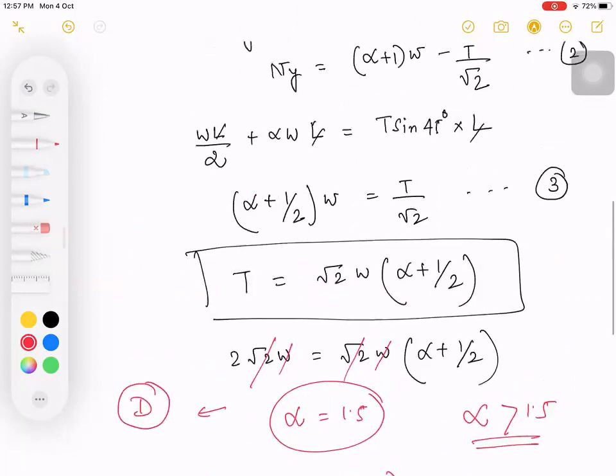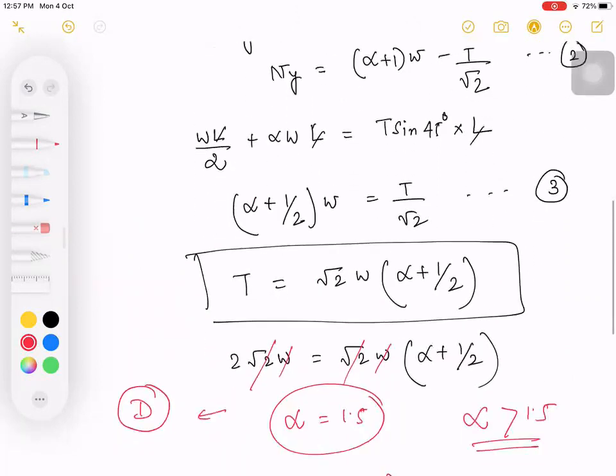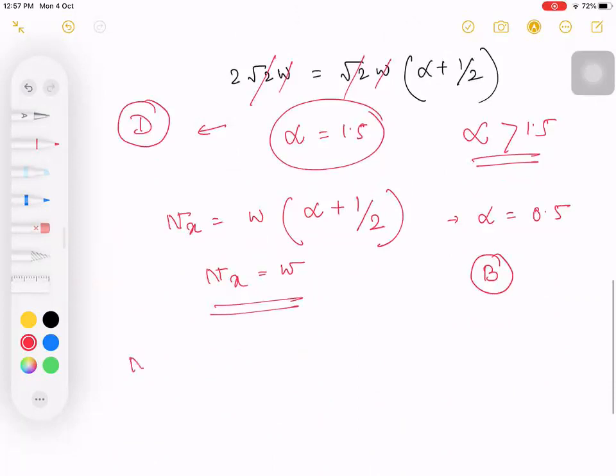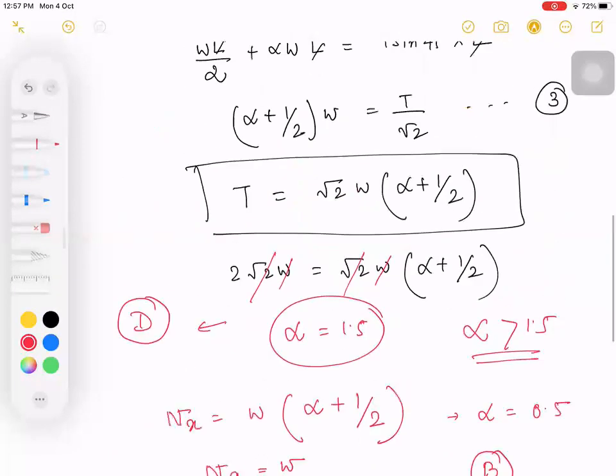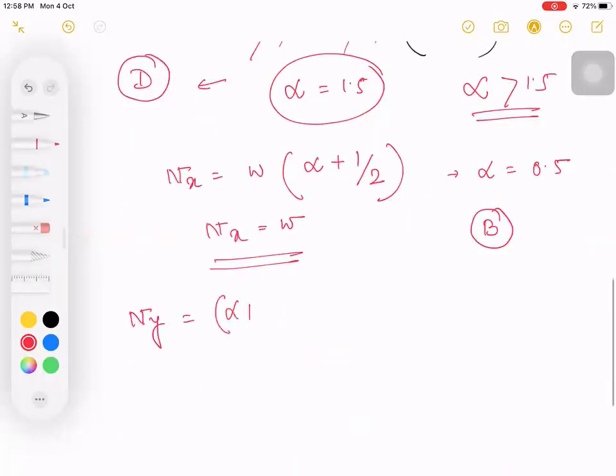Let's get into finding out Ny as well. Put the value of tension in the equation of Ny. We have Ny equals alpha plus 1 into W minus T by root 2, which becomes minus W into alpha plus half. If you simplify this, what do you get?